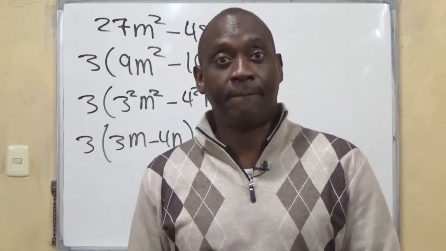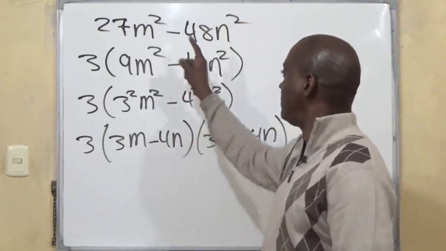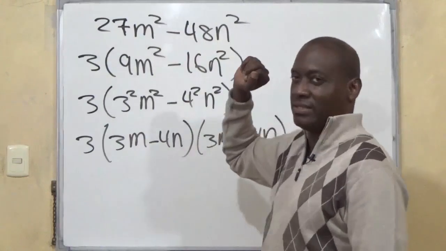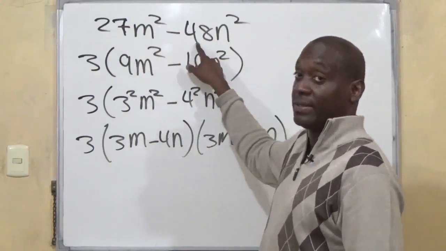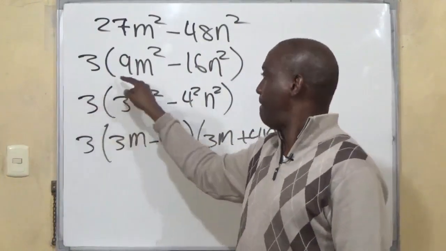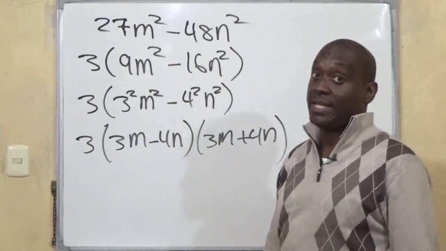But we have a situation here now where you see these 2 squares, but then you realize we don't have a perfect square here. However, when you take out the common factor, boom, all of a sudden, you now have a perfect square inside the bracket.